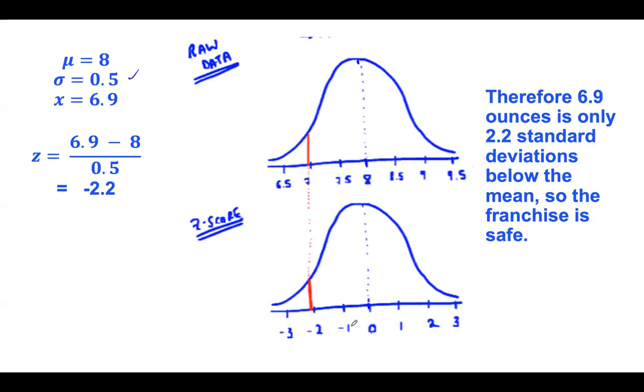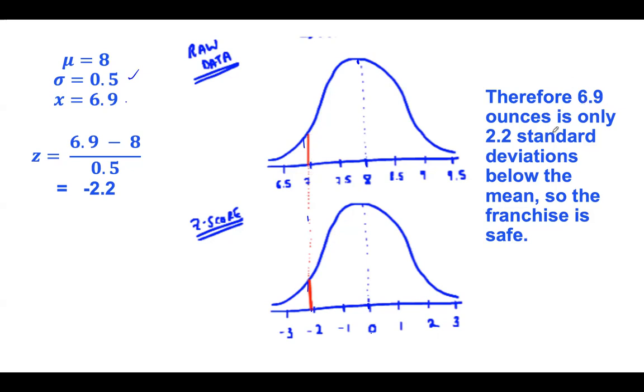And we see that it's negative 2.2. So we could label negative 1, negative 2, negative 3. We found our Z is about here. And then we can see that if we draw it, it's about here. In terms of our raw data it is 6.9. So it's about here and here.